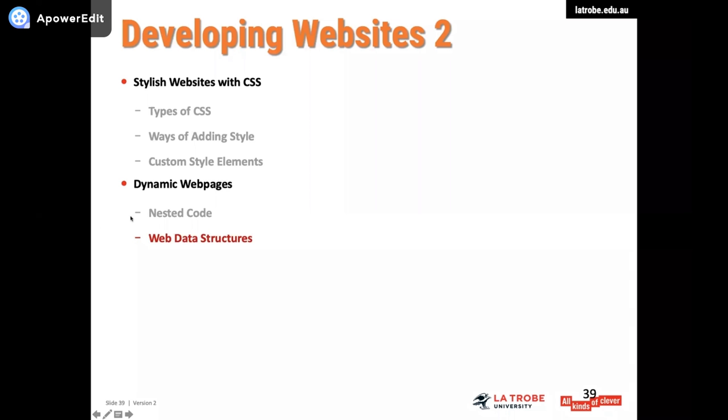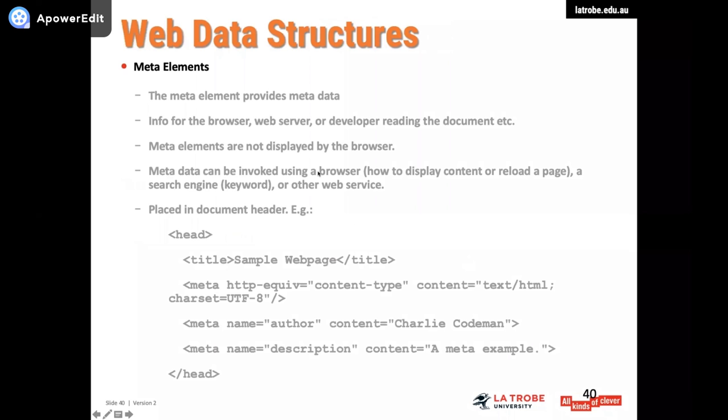Then what we need to know is the web data structures. We have mentioned this metadata or meta element previously, from last week, I remember. The meta element provides metadata, the information for the browser, the web server or the developer to read the document.